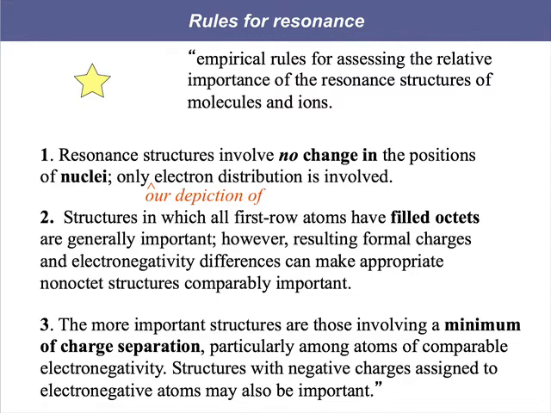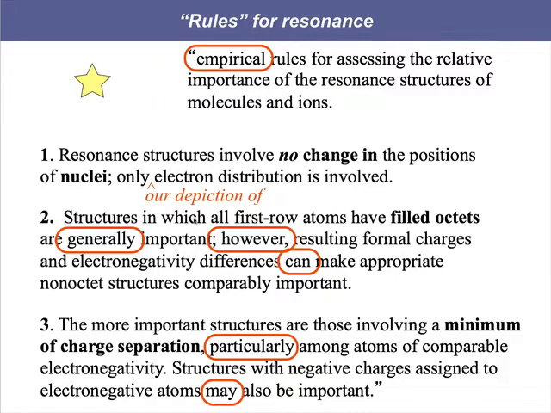Now look at what they did here. They used words like "generally important," "however," "can make appropriate," "particularly," "may be important." These are weasel words, okay? This source was trying to put together rules that weren't really rules.